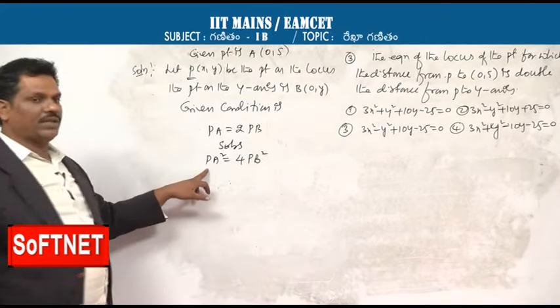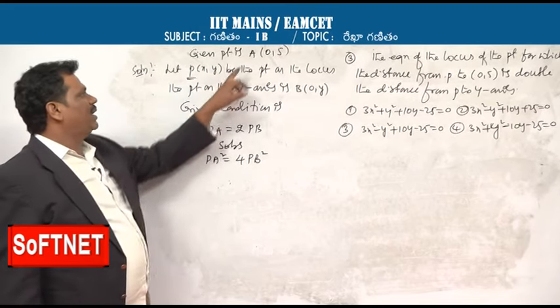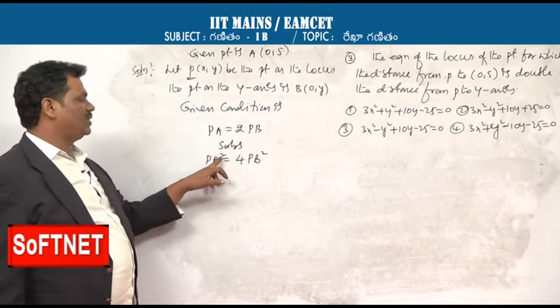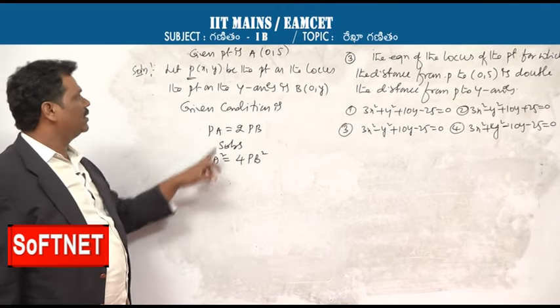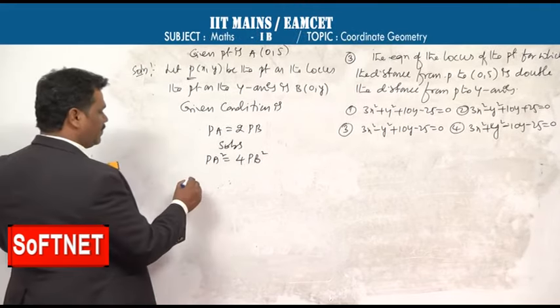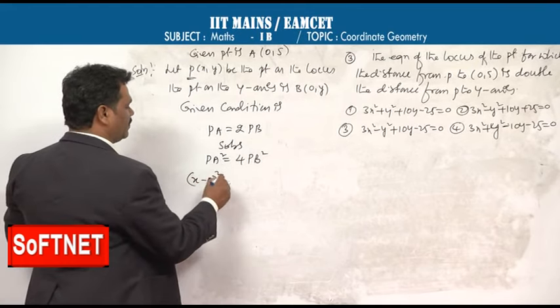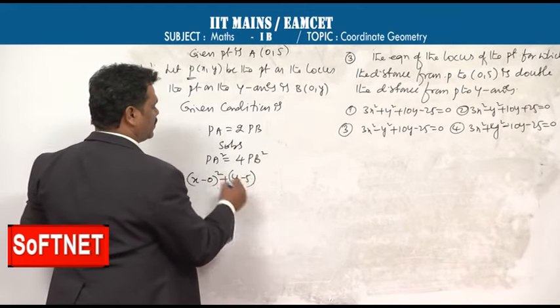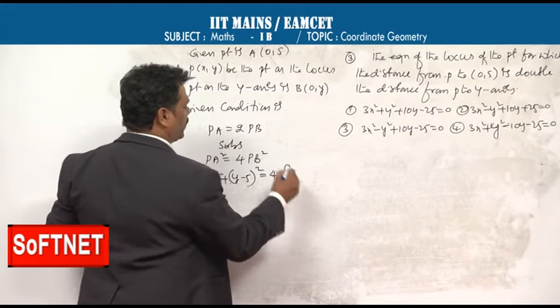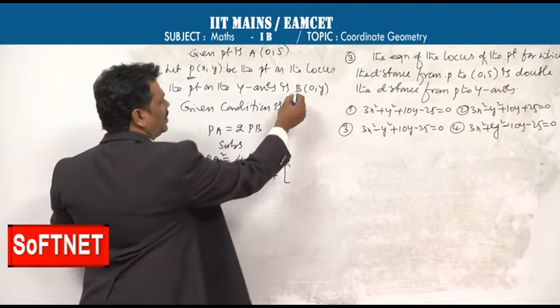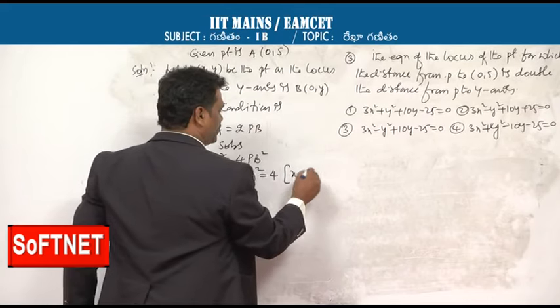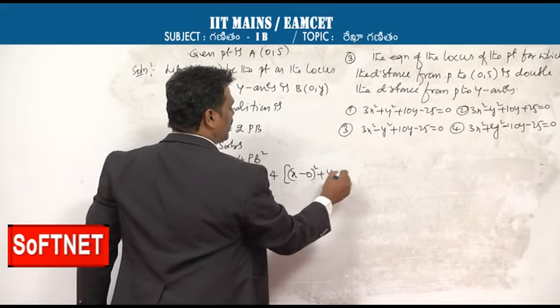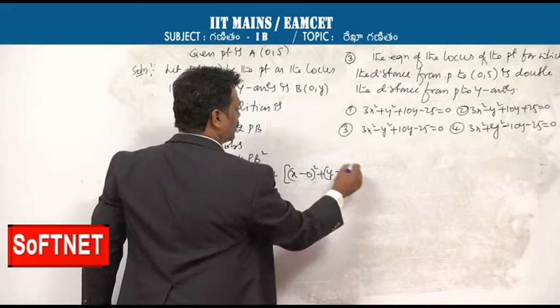Here PA square means the distance between P and A squared, the root is cancelled. We get x2 minus x1 whole square plus y2 minus y1 whole square. So PA square means x minus 0 whole square plus y minus 5 whole square equal to 4 into PB square, where B is 0 comma y and P is x comma y. So here x minus 0 whole square plus y minus y whole square.